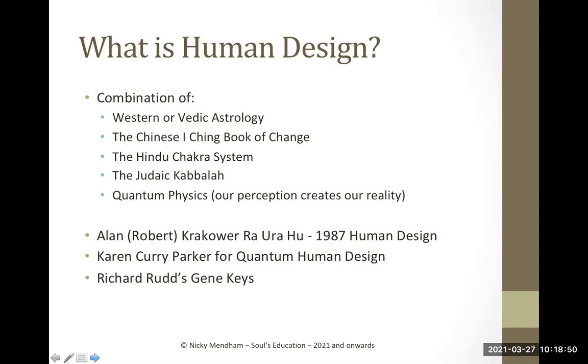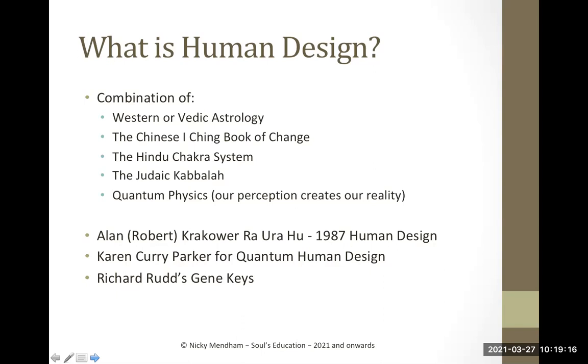It speaks to the potential that's within you by reframing your story, which is why I use it to underpin my coaching sessions. The human design system was introduced by Alan Krakauer, later known as Ra Uru, in 1987, and this is the original human design.